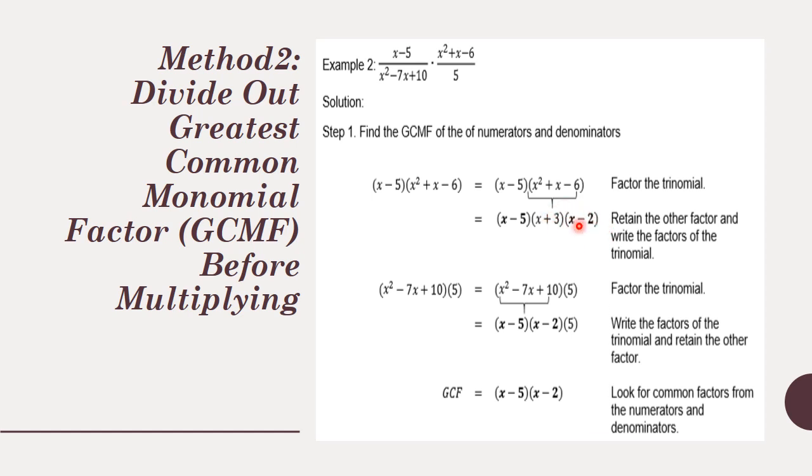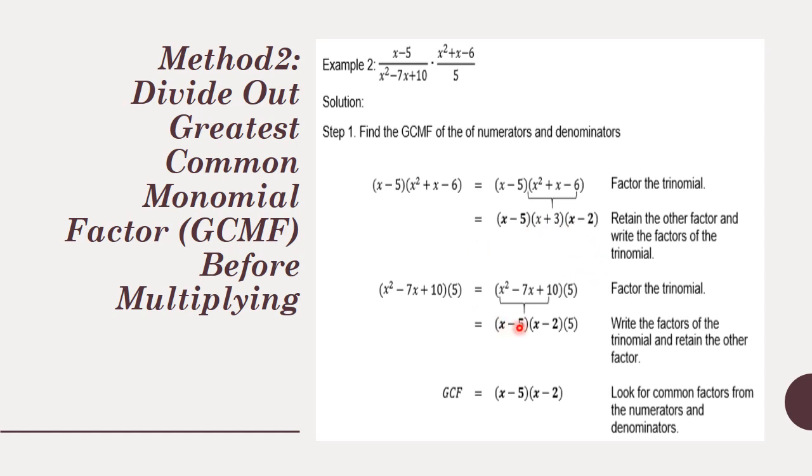Retain the other factor, which is x minus 5; just don't touch it. Just factor the trinomial. So now the factored form of the numerator is x minus 5 times x plus 3 times x minus 2.